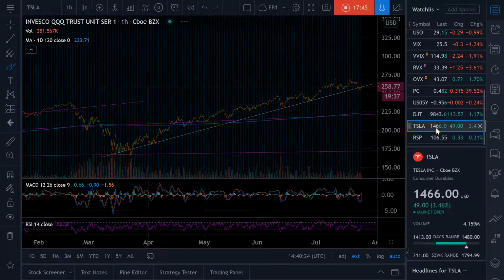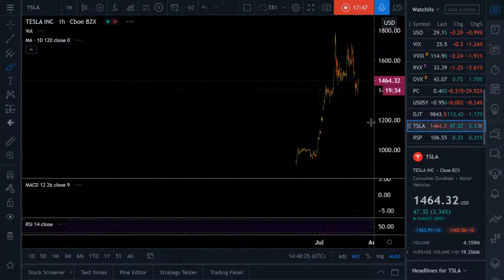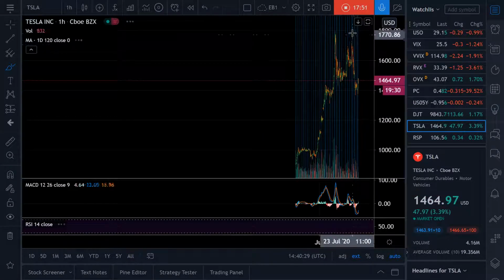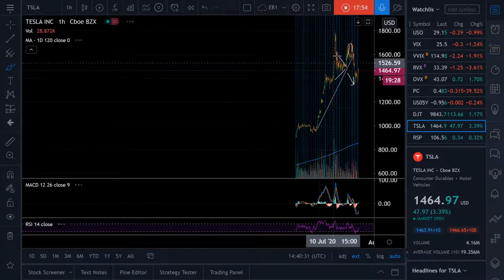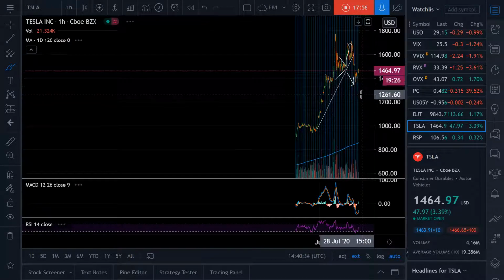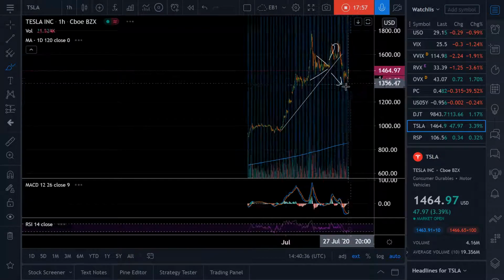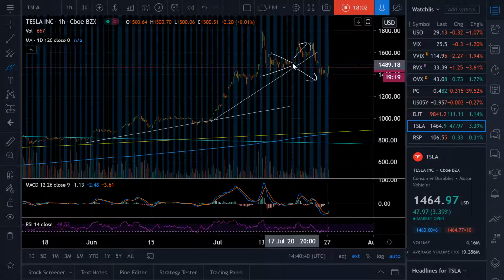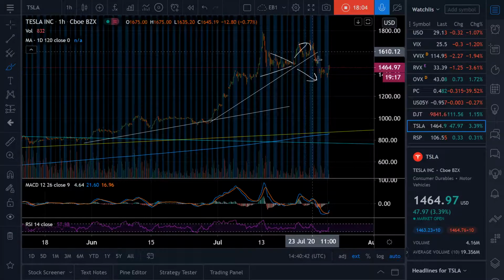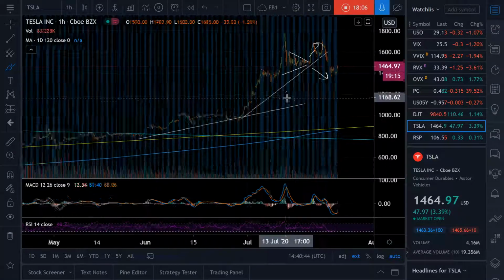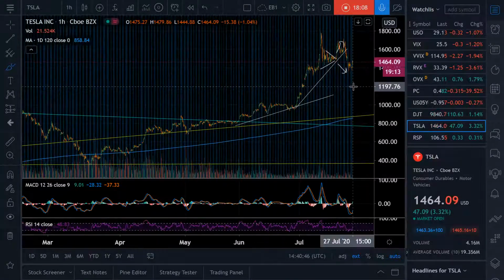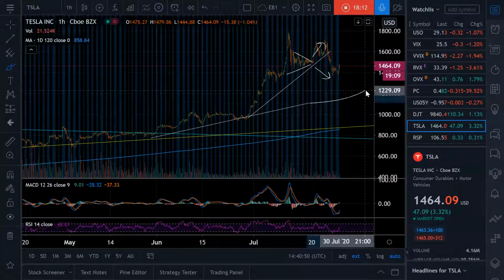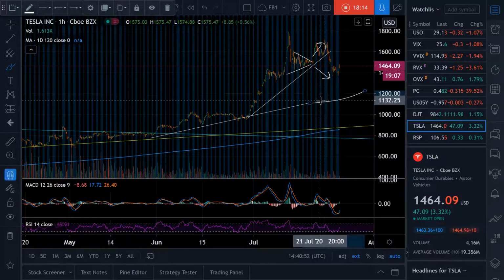Oh, what's Tesla doing? I haven't looked at Tesla in a little while. Okay, so it came back down off of this. Yeah, you can see the last time I looked at Tesla was about a week ago, and it popped out of the top, but now it's broken down out of this bubble.